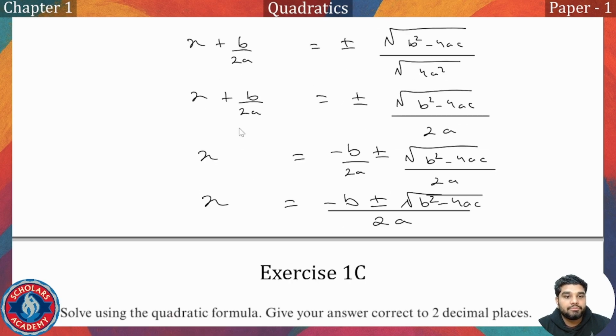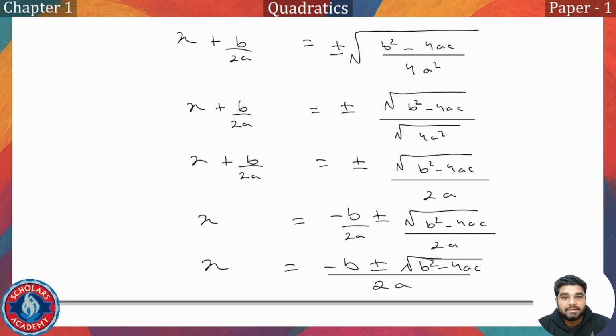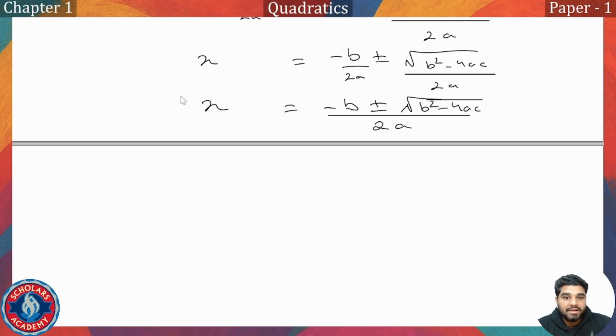So I hope it is clear. By this, we get a formula, and this quadratic formula is normally used for solving all quadratic equations because it simply gives us the result without any headache.